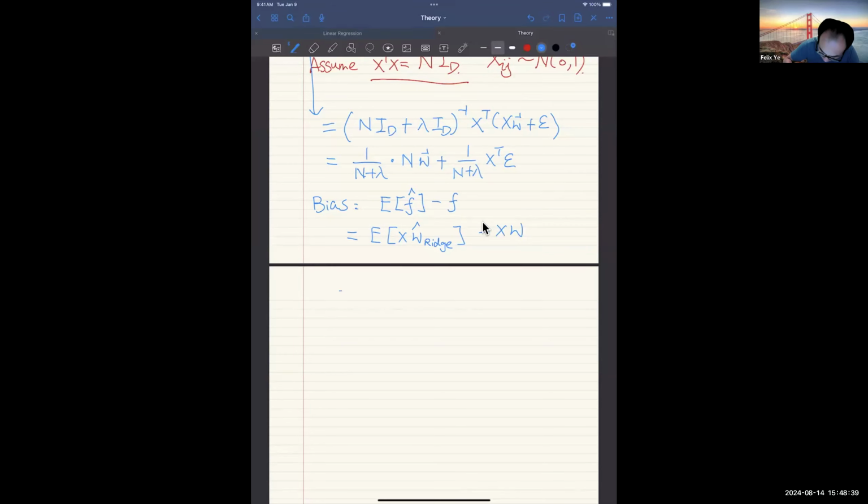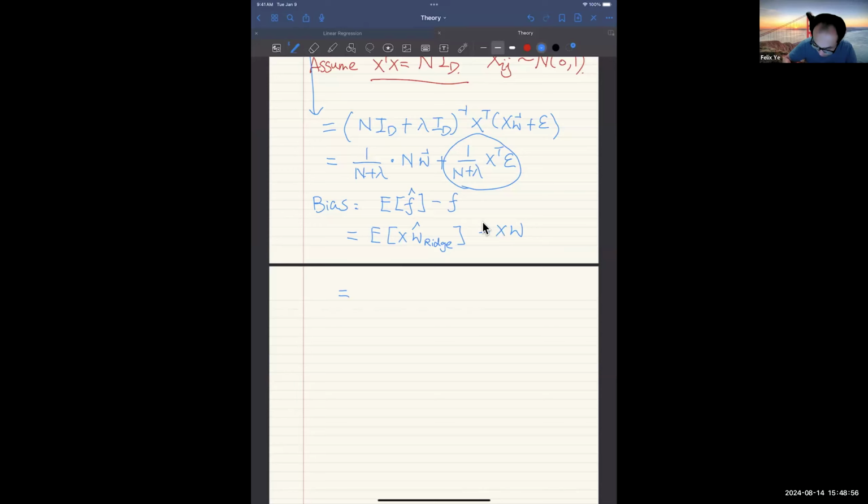Everything with epsilon will be gone, because epsilon has expectation 0.